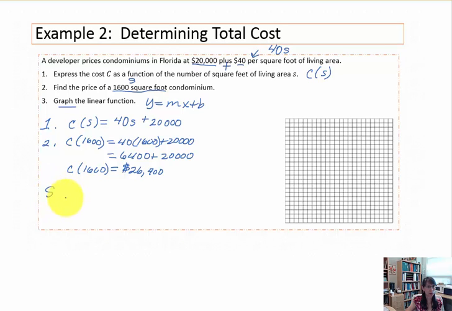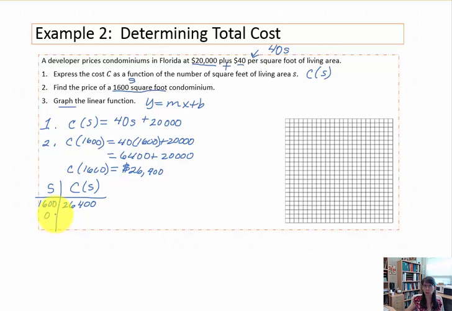What we've actually done here is generated an ordered pair. Our input is square footage. Output is cost as a function of that square footage. So with our table, we've generated our first ordered pair of 1,600 square feet has an output of $26,400. Now since that's only one ordered pair, that's not enough information to draw the graph. What would be helpful is the y-intercept.